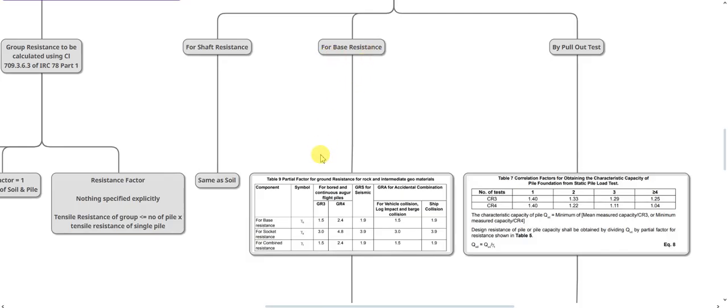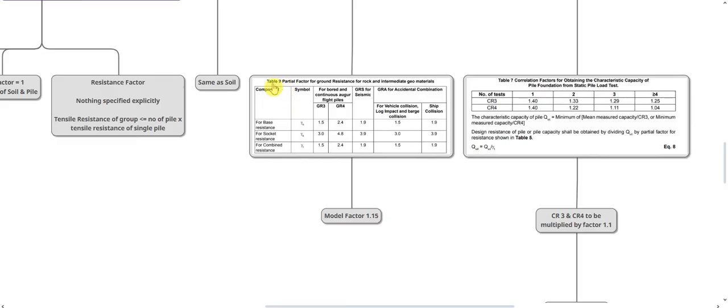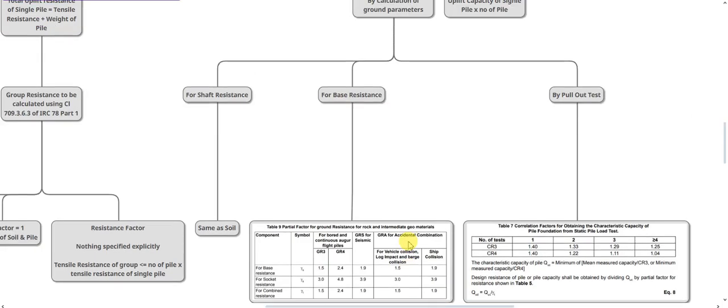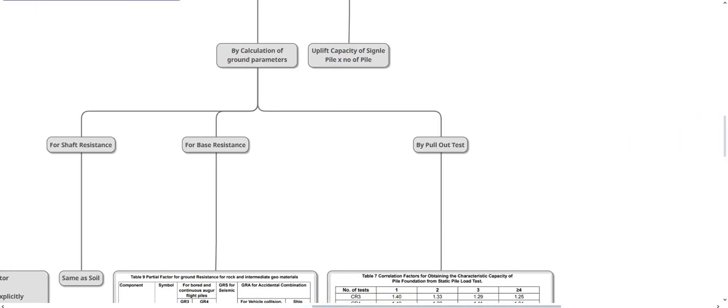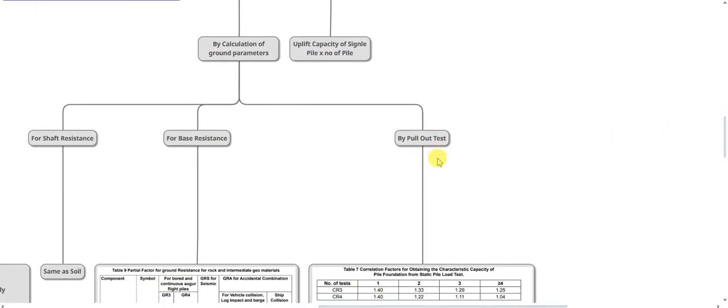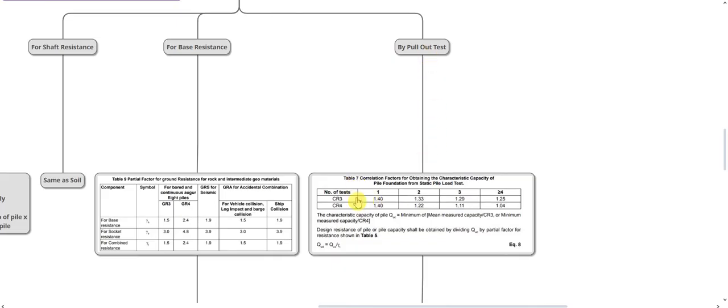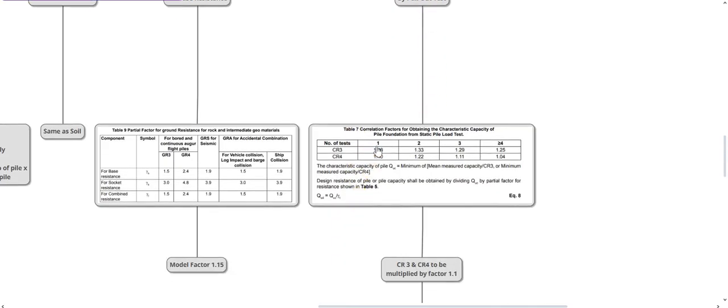And second, for base resistance, it says to refer to table 9 for the partial factor of ground resistance with a model factor of 1.15. For calculation of pile resistance under tension by pull-out test, it again refers to table 7, in which the correlation factors are given based on the number of tests.